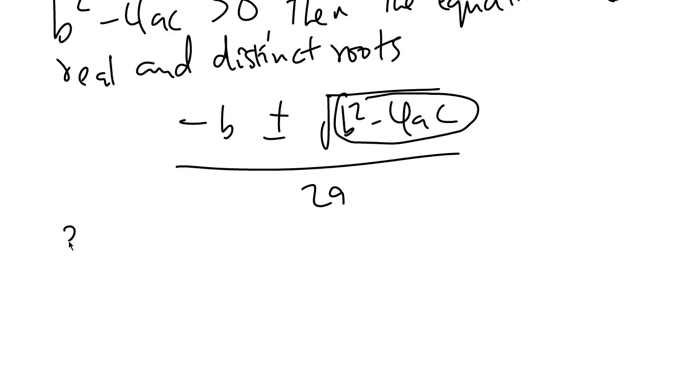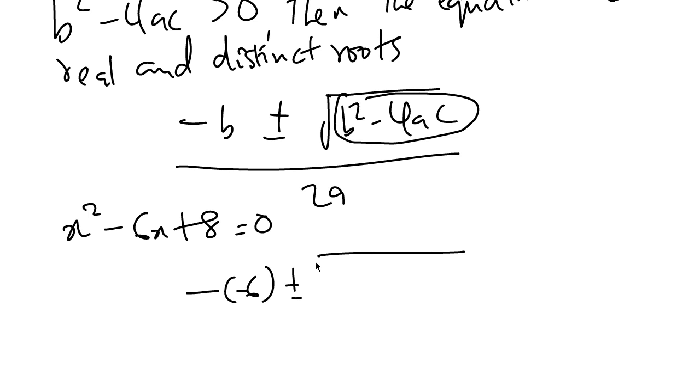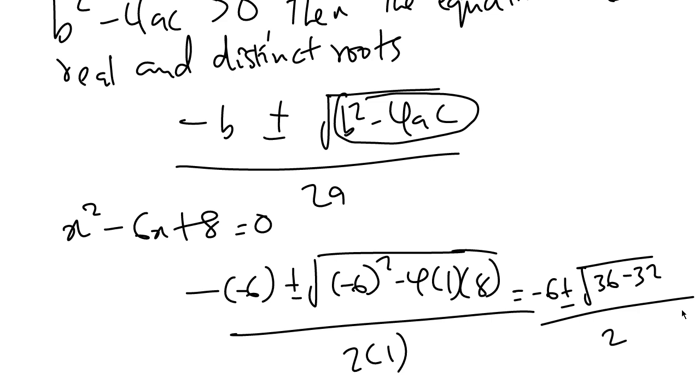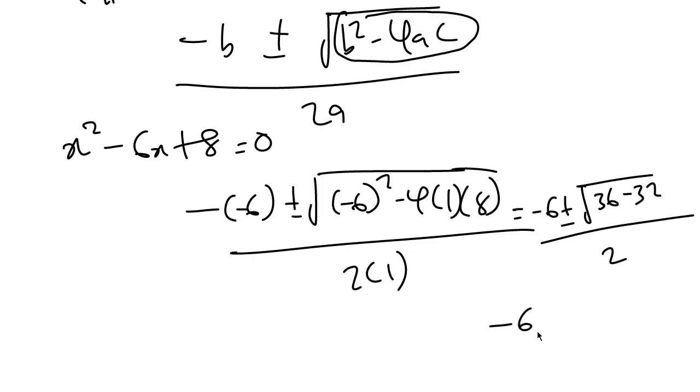Just like the case of x squared minus 6x plus 8 equal to 0. If we solve it, what are we going to have? Negative negative 6 plus or minus the square root of negative 6 squared minus 4 times 1 times 8 all over 2 times 1. And that will be 6 plus or minus the square root of 36 minus 32 over 2, which leaves us with 6 plus or minus the square root of 4 over 2.